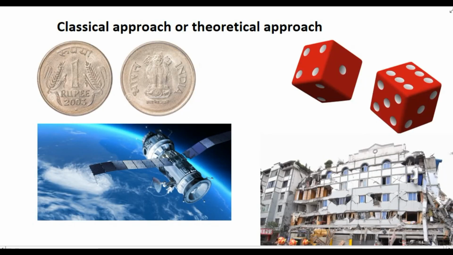So why do we want to learn the classical approach or theoretical probability? Because experimental probability has its own limitations. For example, we can toss a coin any number of times, or throw a die any number of times, to get an accurate value. But what about launching a satellite? To compute the empirical probability of its failure during launching, is it possible to launch a satellite several times?